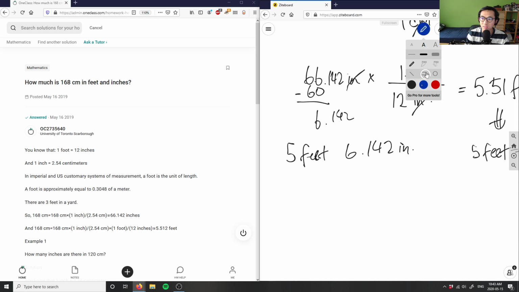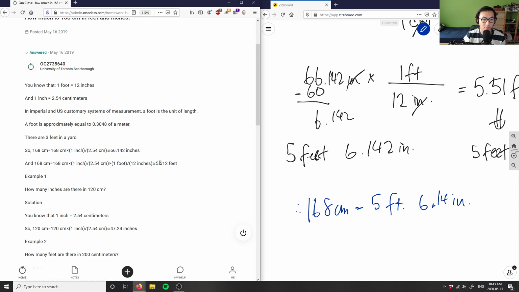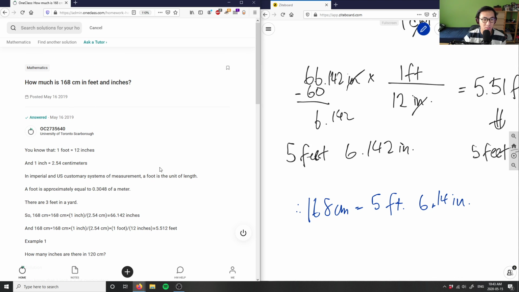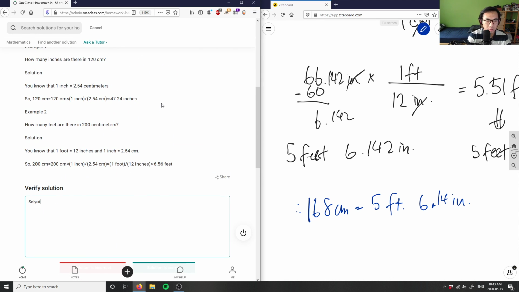So you can basically say that our solution is 168 cm equals about 5 feet 6.14 inches. So the solution here is correct. They actually wrote only feet here, so I don't think they gave me inches, so I'm going to say the solution here is incomplete. I don't know if they want feet and inches or just feet, but maybe I'll say the solution is correct and they just misunderstood the problem.